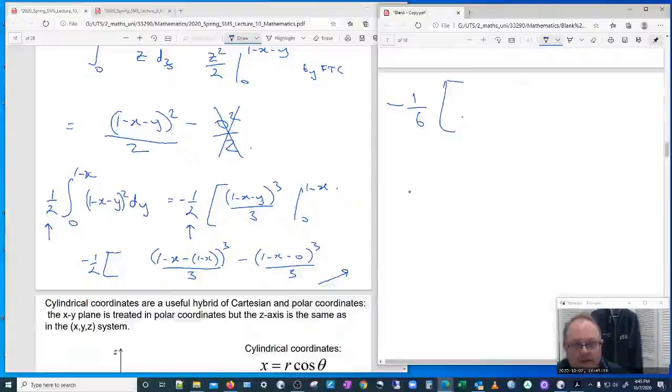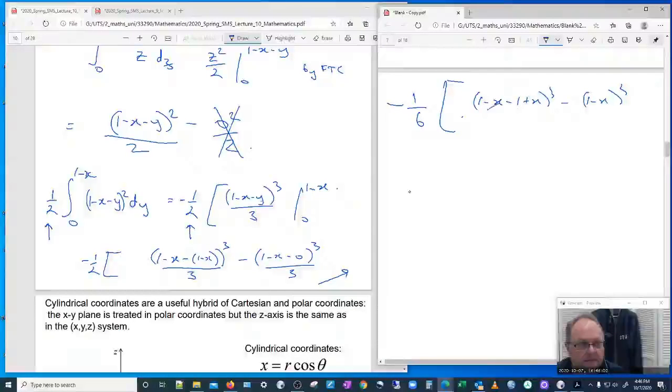Okay, so inside here, got 1 minus x minus 1 plus x cubed over 3 minus 1 minus x cubed over, no, take the 3 away, you've done that already, you've accounted for that.